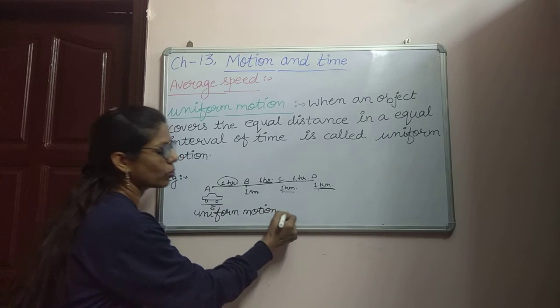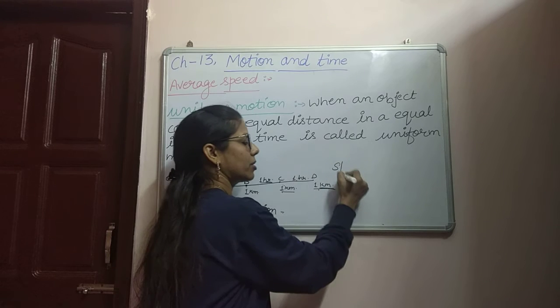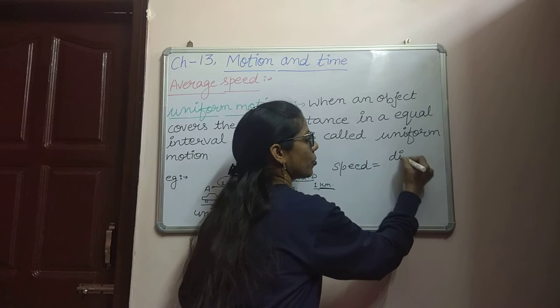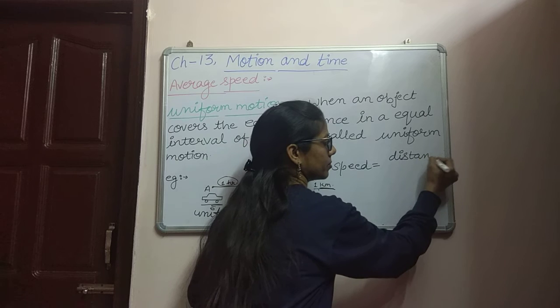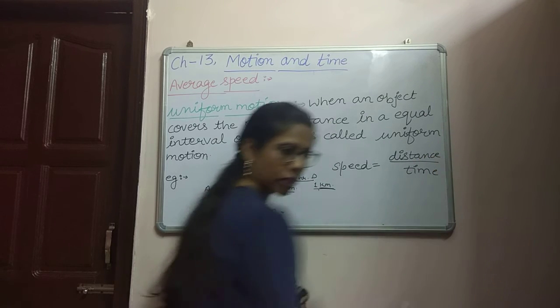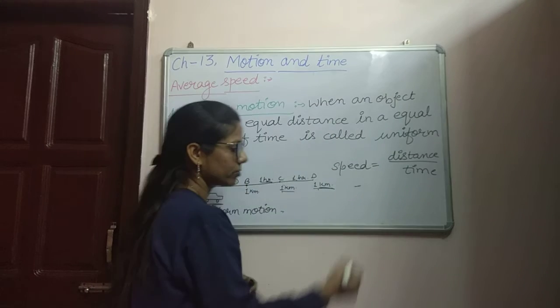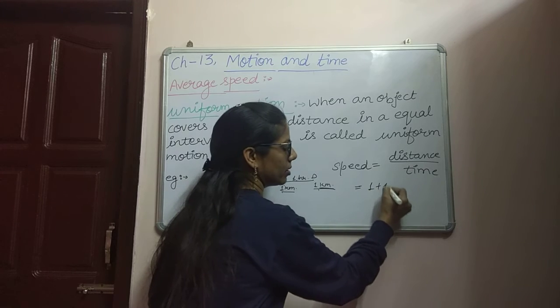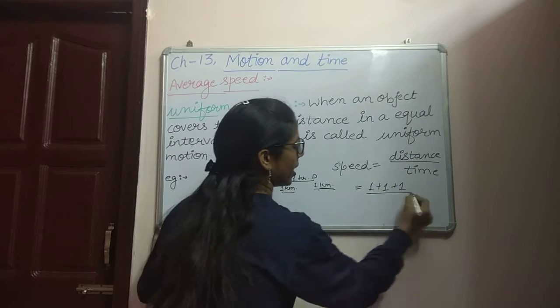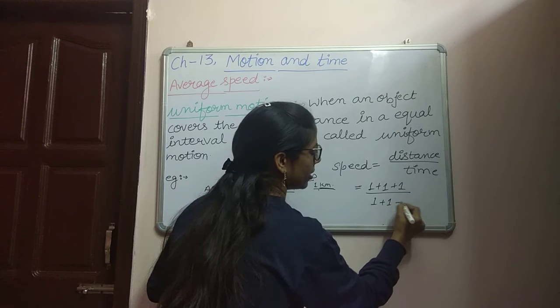So if we calculate the speed of this object, as we know the formula of the speed is distance upon time. This is the formula. So distance is again and again 1, 1, 1, and it is taking 1, 1 and 1 hour.